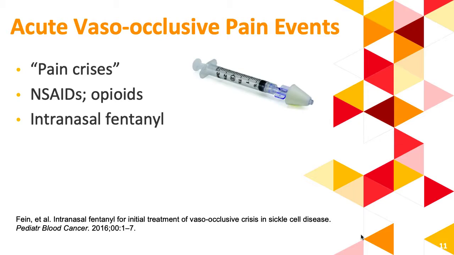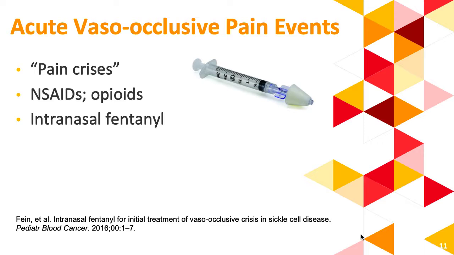In fact, other pediatric centers use intranasal fentanyl for all sorts of things for kids, like if they have a bad laceration and you want to just chill them a little bit, or if the kid has a fracture but you don't want to put an IV in and sedate them, then intranasal fentanyl is a great means of getting pain medicine.